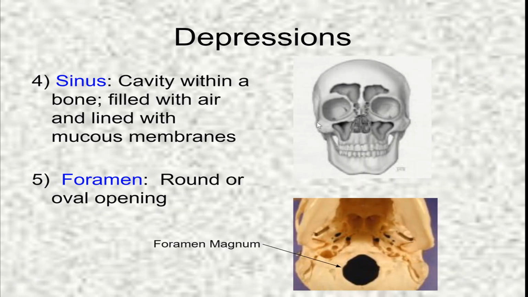Then we have a sinus. A sinus is completely surrounded by bone. It is a space in a bone, and it does have openings to the surface of the bone, but it is practically encased in bone rather than being like a tunnel or a cut through a bone. And then we have a foramen, which is a round or oval opening into a bone.